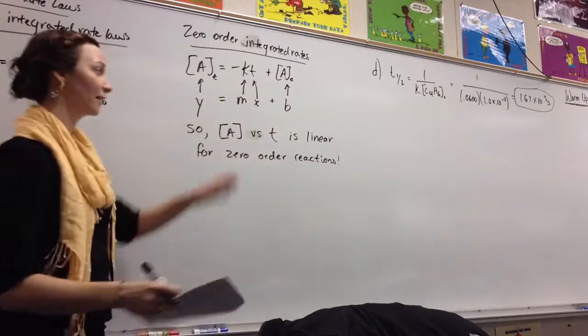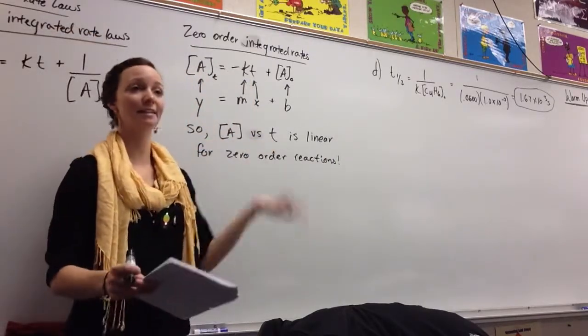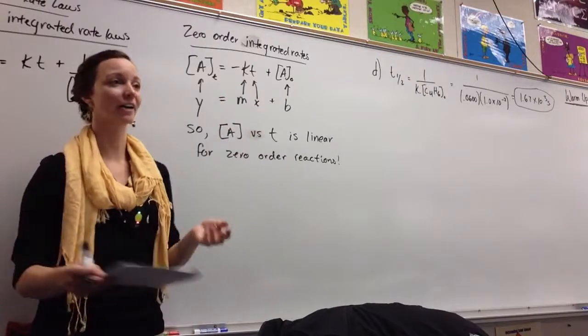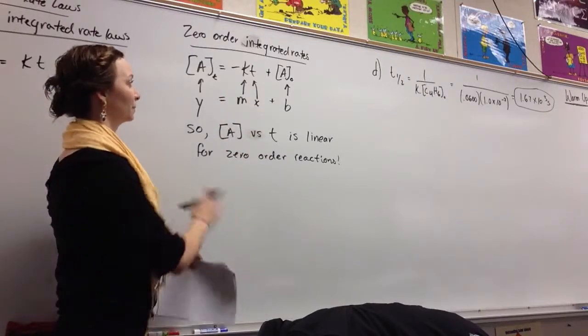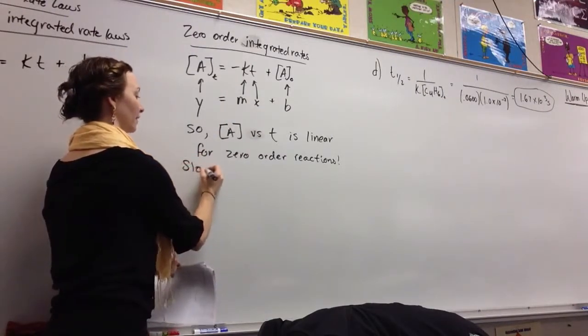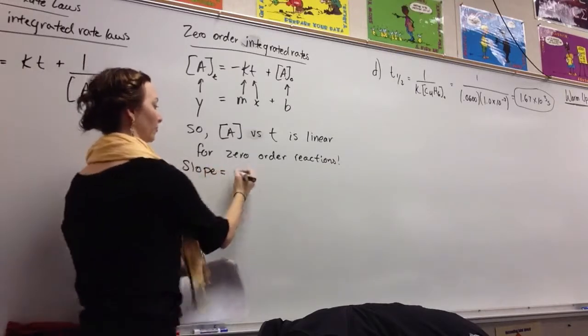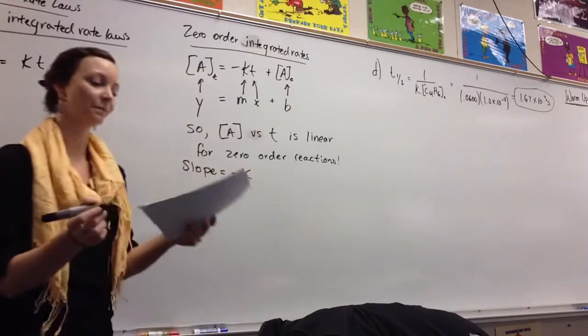So this means that if you plot your concentration versus time and it's linear, you have a zero-order reaction. Your slope for that graph would be equal to your negative k value.